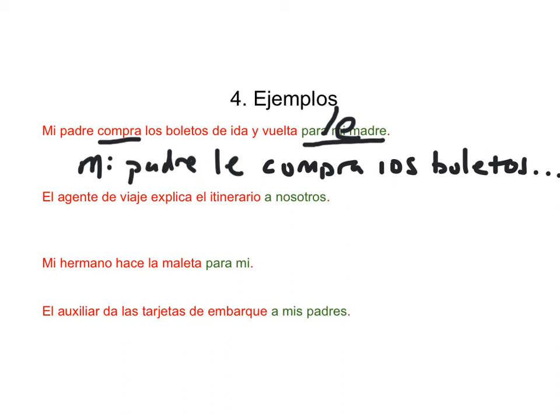Next one. El agente de viaje explica el itinerario a nosotros. The travel agent explains the itinerary to us. A nosotros is our indirect object. I'm going to replace it with nos.